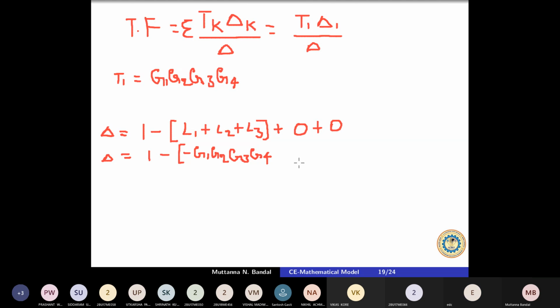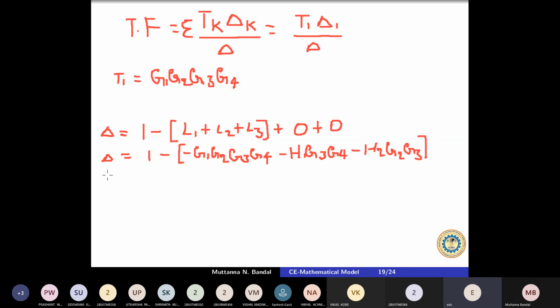Agree? What was the value of L2, loop 2? Minus H1 G3 G4. Loop 3: minus H2 G2 G3.